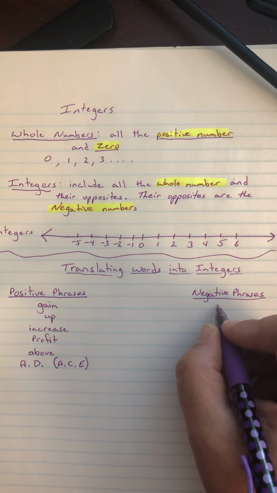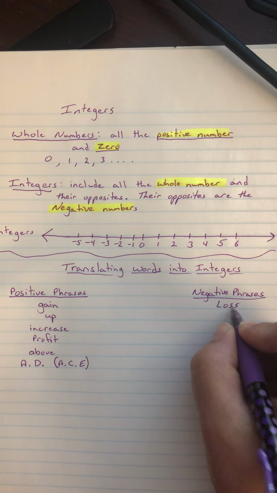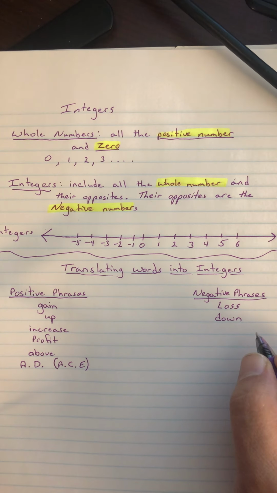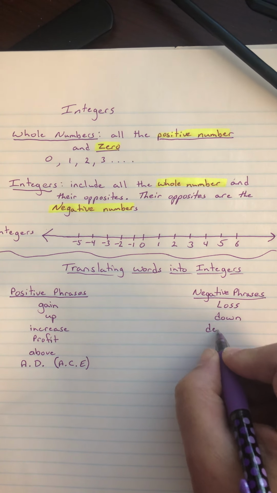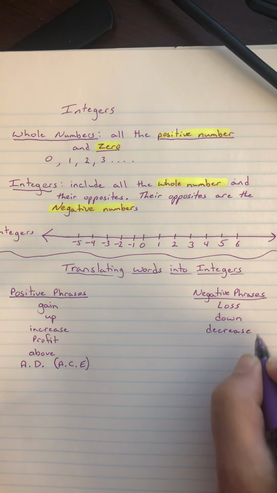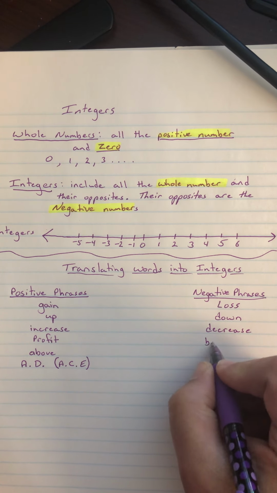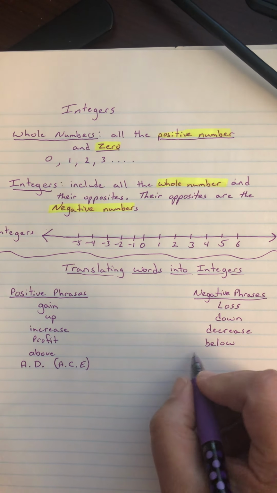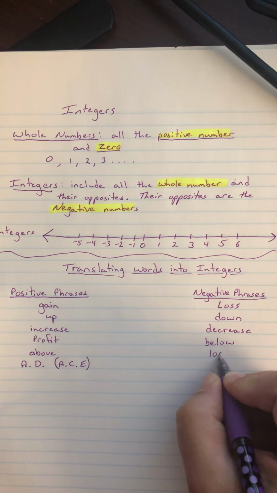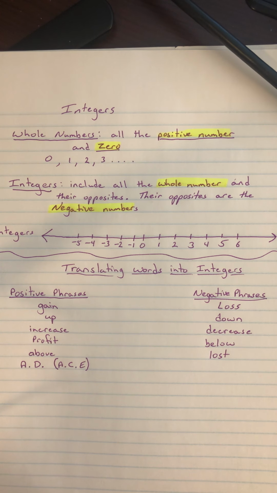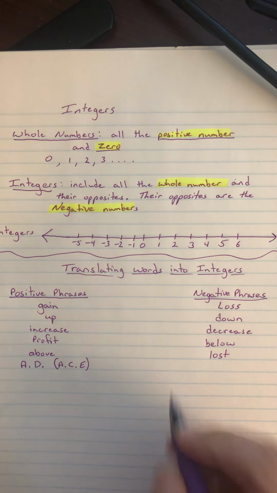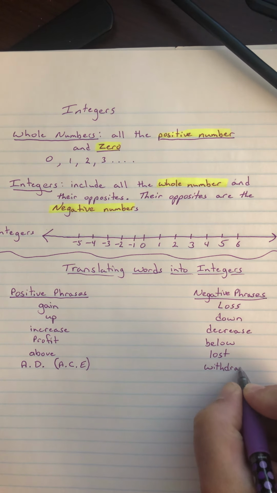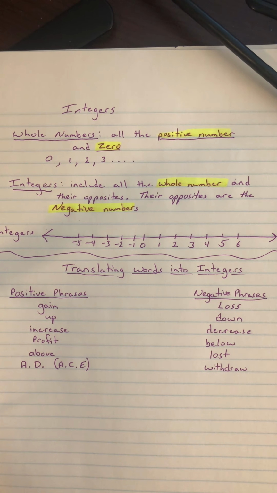Negative phrases would be if you have a loss of yardage, if you go down on a scale or a number line, if you have a decrease in a population, if you are below 0 on a thermometer or below sea level. We have a loss. So if you lost money, you'd have a negative number, obviously. Withdraw, that would be another one, because that means you're taking money out of the bank.